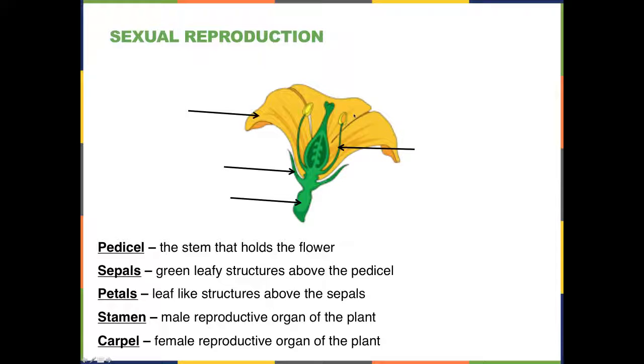It's also sometimes called a pistil, P-I-S-T-I-L. And it's right in this area right here. So from here down to here is the carpel. So you have the pedicel, the sepals, the petals, the stamen, there are two here, and the carpel or pistil right here in the middle.